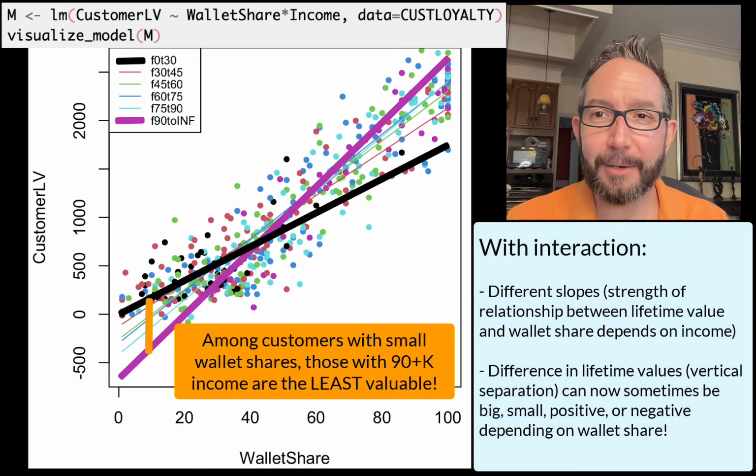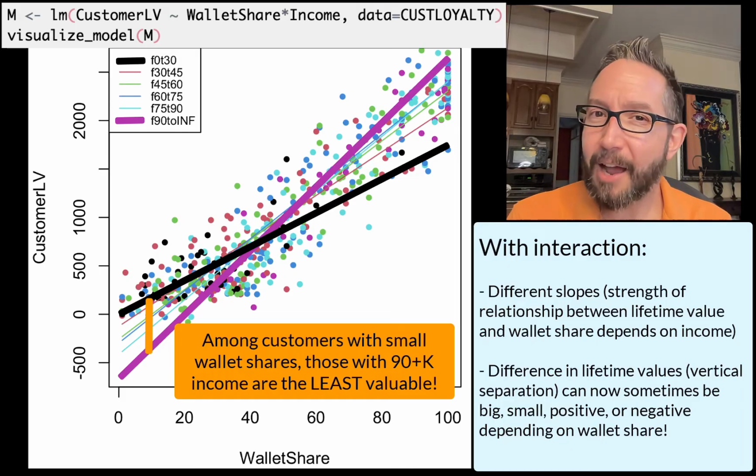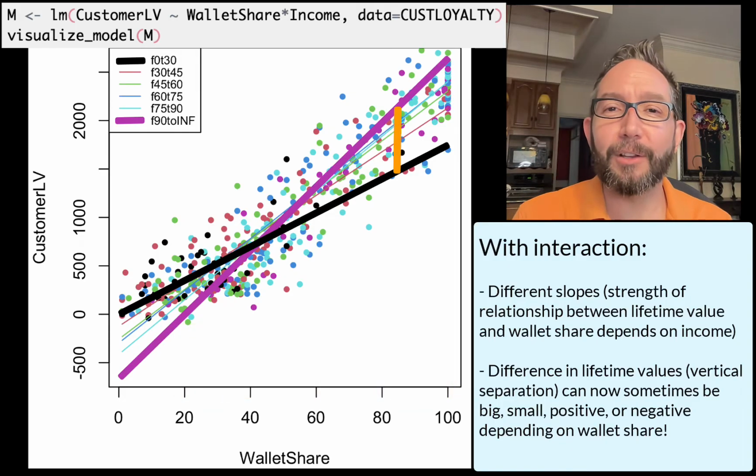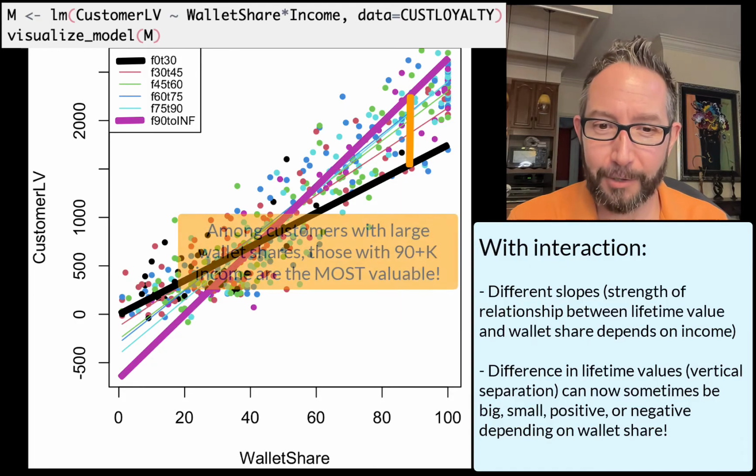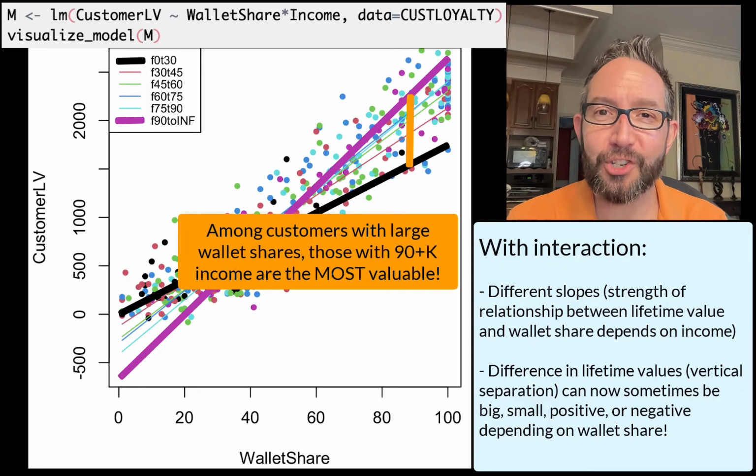The 90,000 and above here, their line is below the rest of the lines. Now this switches though, if all of a sudden we look at customers with high wallet shares that are spending most of their money on similar purchases at this company versus their competitors. Now the line for the highest income bracket, 90,000 and above, is by far above and beyond what the lines are for those other income brackets.